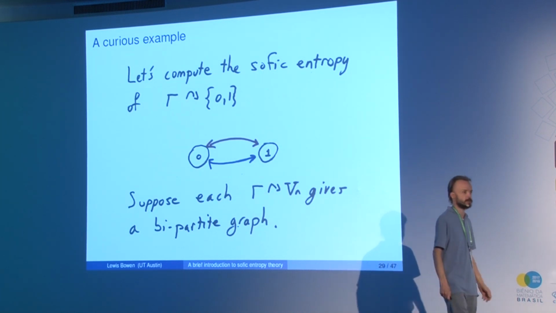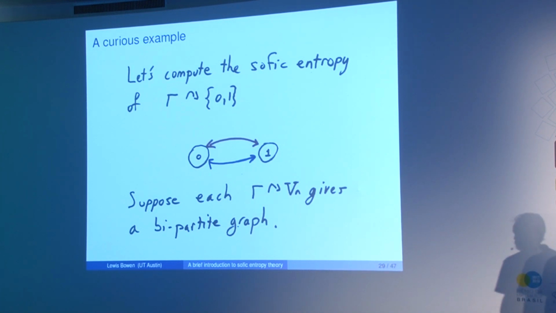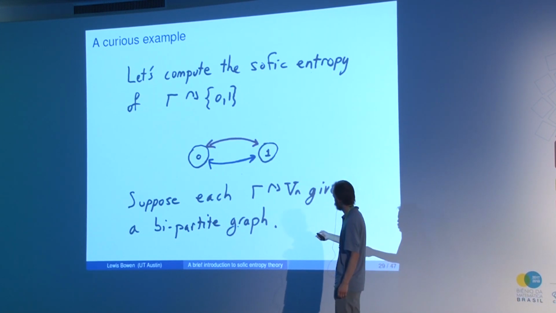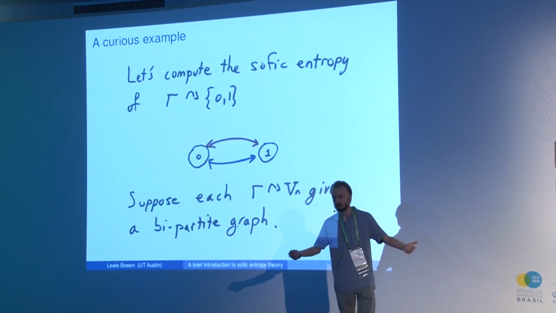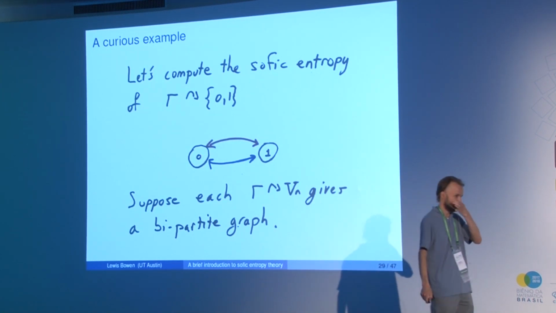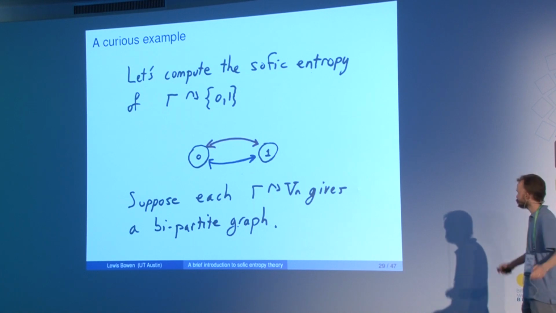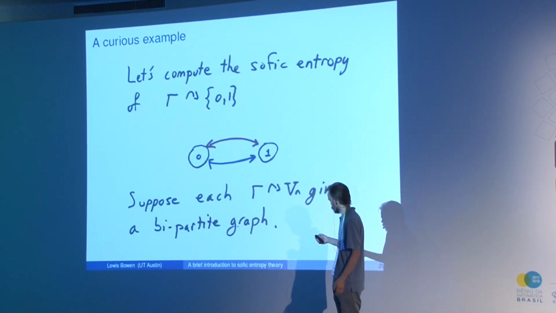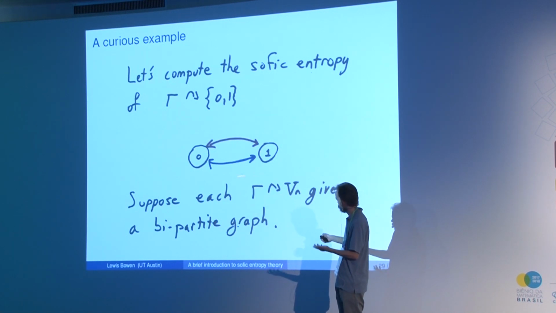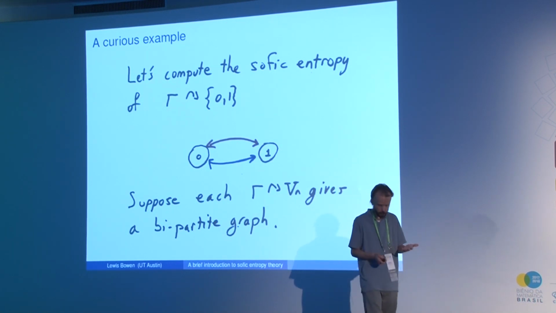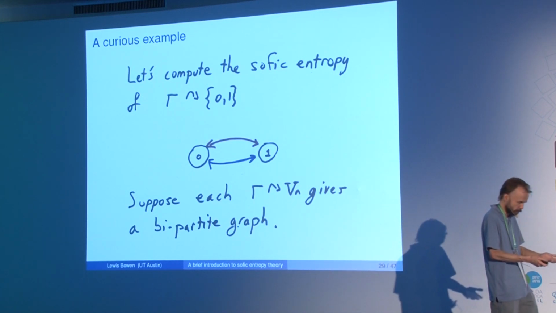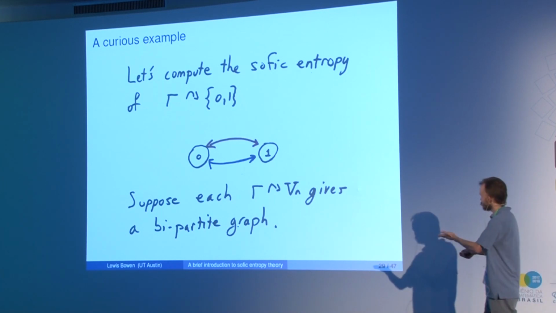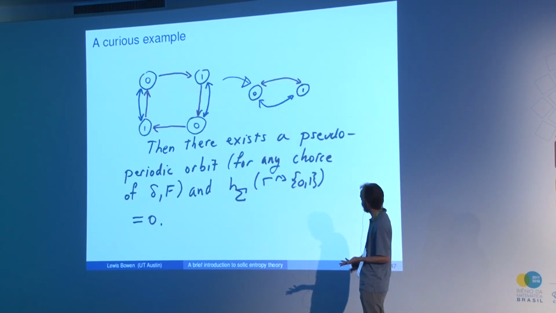Okay, so let's compute the Sofic entropy of a very simple action, this action. So we just have 2 elements, 0 and 1, that's X. And my group just swaps these 2. Okay, now suppose that my models, my Sofic actions on finite sets, which are supposed to model the action of my group on itself by translation, suppose that each one of those gives me a bipartite graph.